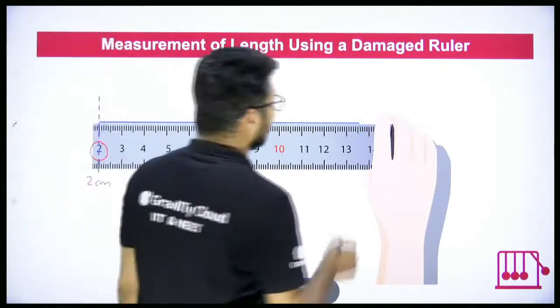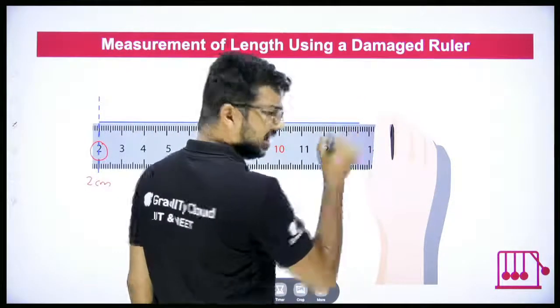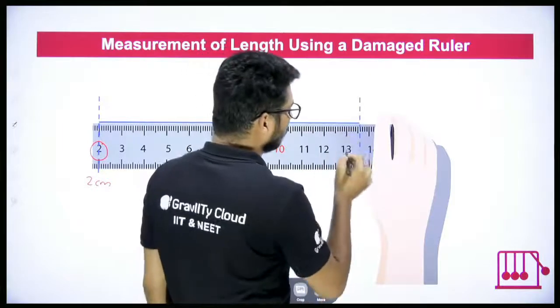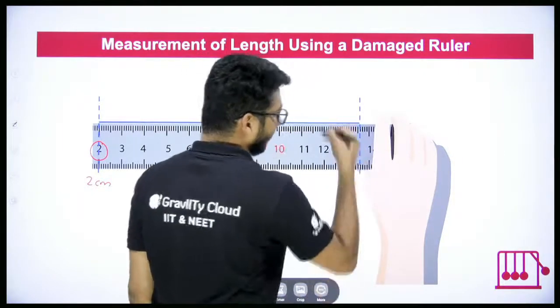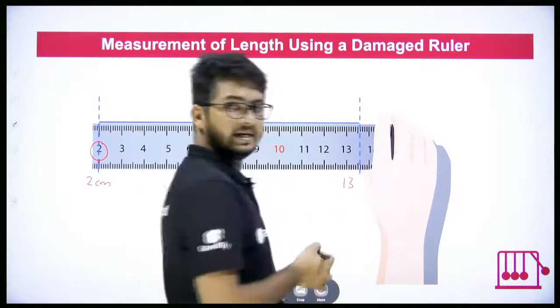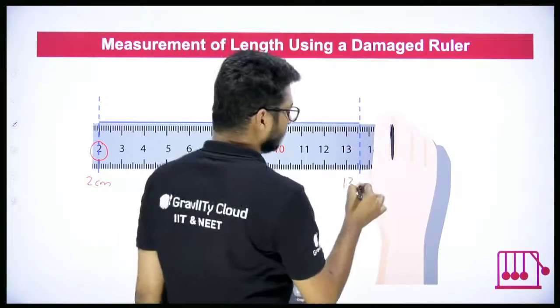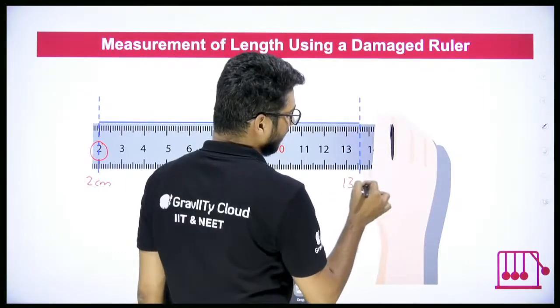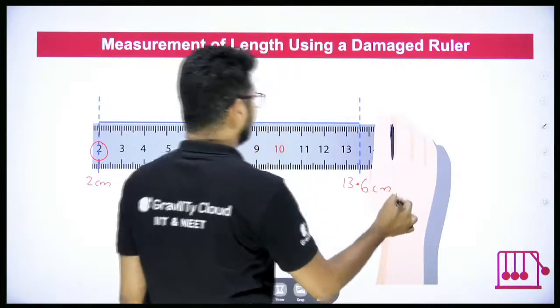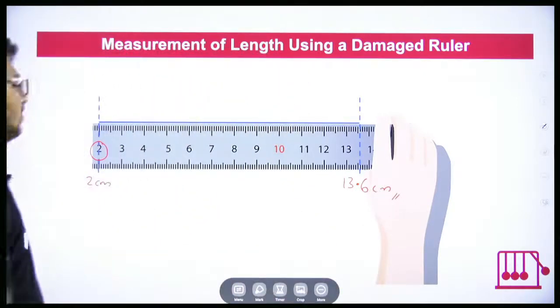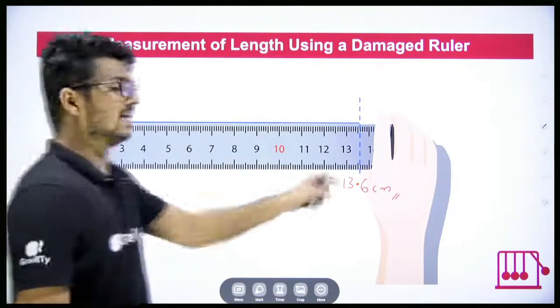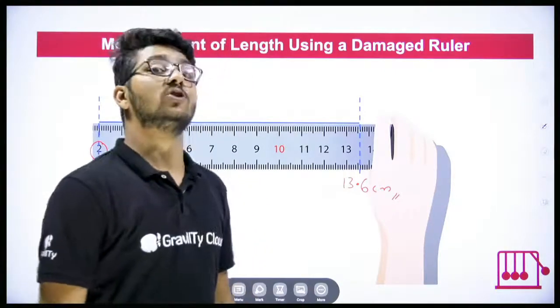Then the reading at the other end, you have to note it down. And here you notice that it is 13, and after 13, I'll count it. 1, 2, 3, 4, 5, 6. So after 13, you have 6 markings. So it will be 13.6 centimeter. See, at one end we are getting 2. At the other end we are getting 13.6. So what is the length?